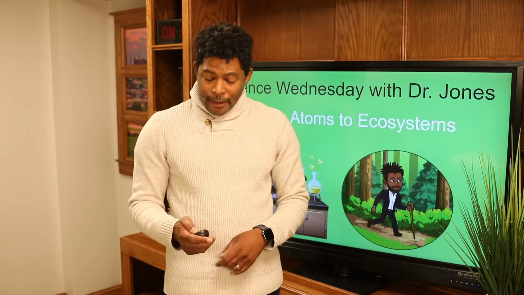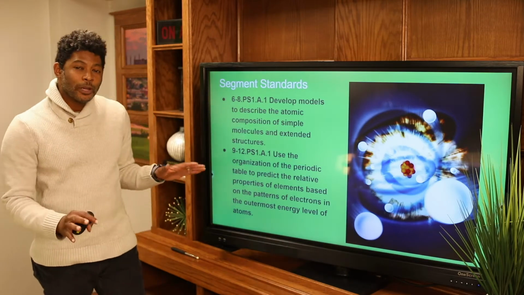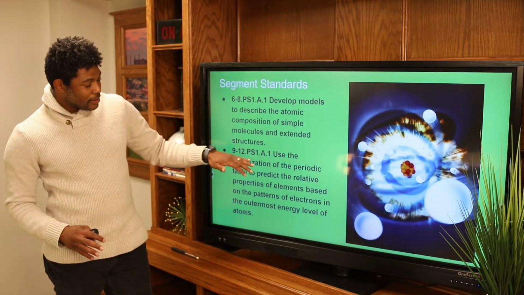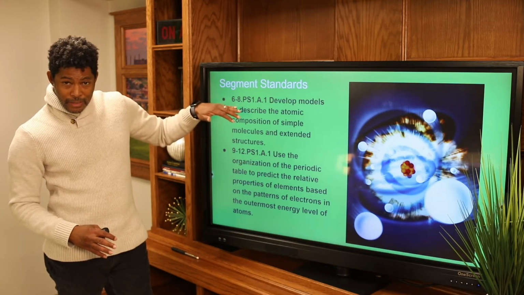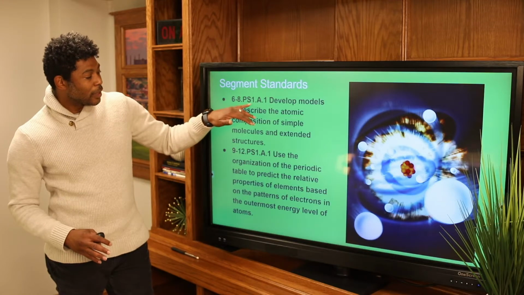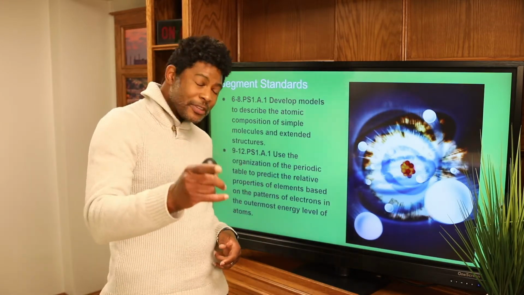Okay? Now, first of all, let's talk about our standards, because we always want to go back to the standards. If you notice, both of these standards, one for middle school, 6-8, one for high school, 9-12, both have the PS1A1. So that lets you know that they're linked. But here's the difference.